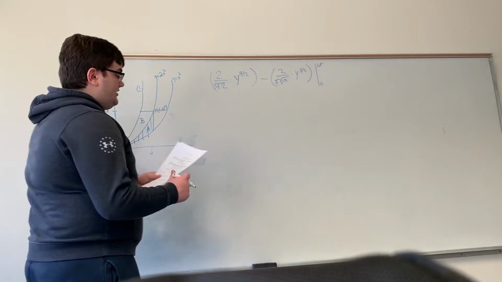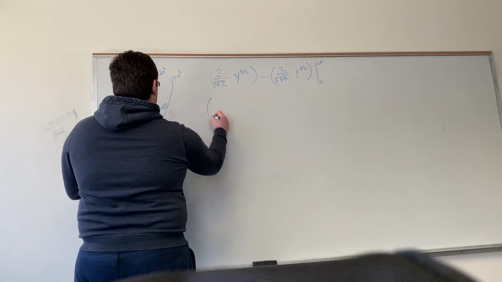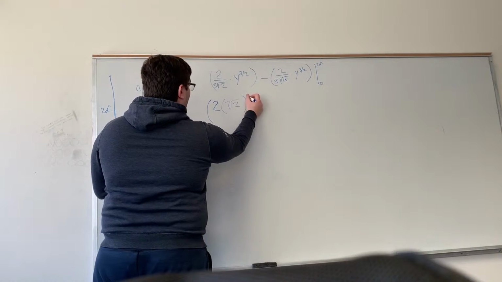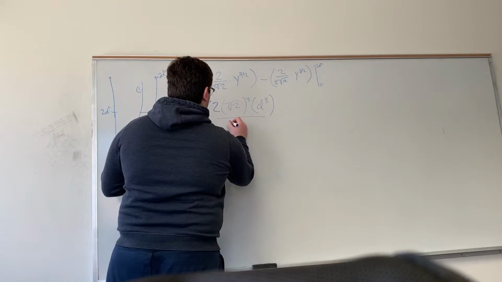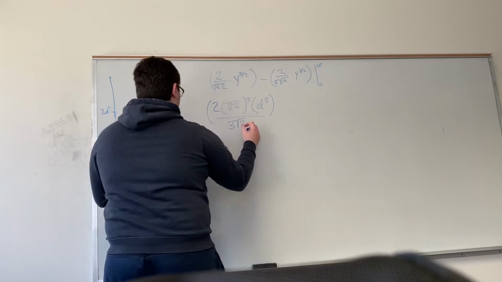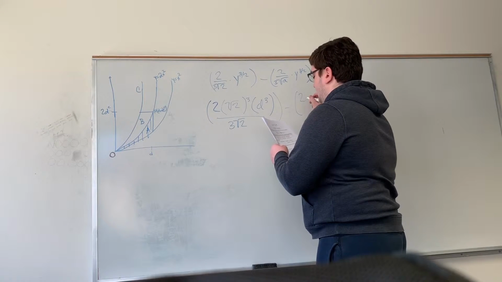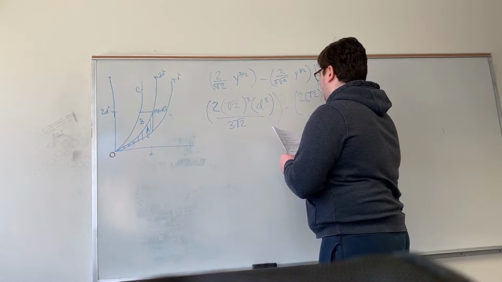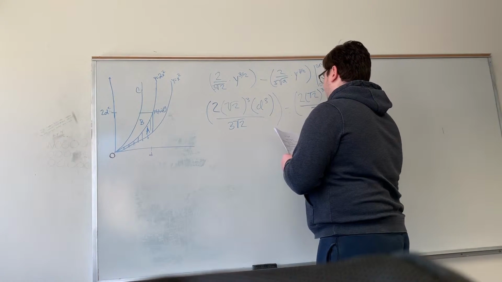So now once we evaluate this from 0 to 2d squared, we're going to have 2 times the square root of 2 cubed times d cubed all over 3 root 2, minus 2 times root 2 cubed times d cubed all over 3 root a.